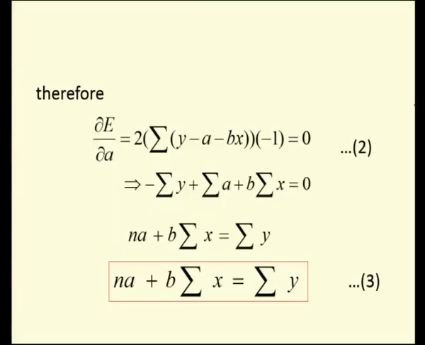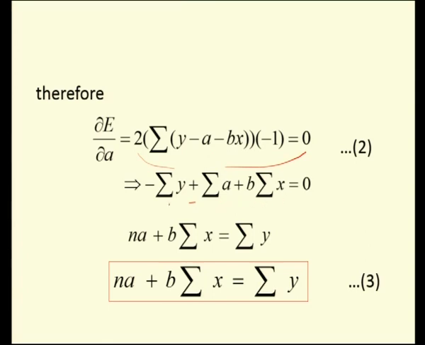Differentiating equation 1 partially with respect to a, it is twice of summation of y minus a minus bx into the derivative of minus a, which is minus 1, equal to 0.